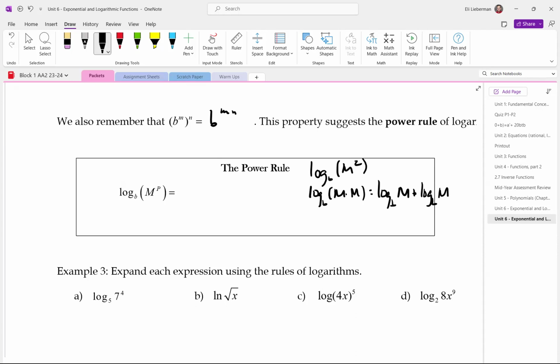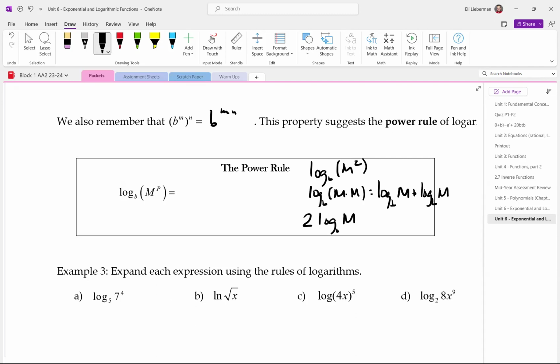Well, we don't know the numbers, but like 8 plus 8 is 2 times 8, isn't it? It would be 2 log base b of m. And you can imagine if that had been m cubed, it'd be 3 log base b of m. And if it had been to the 4th power, you see what's happening, right?